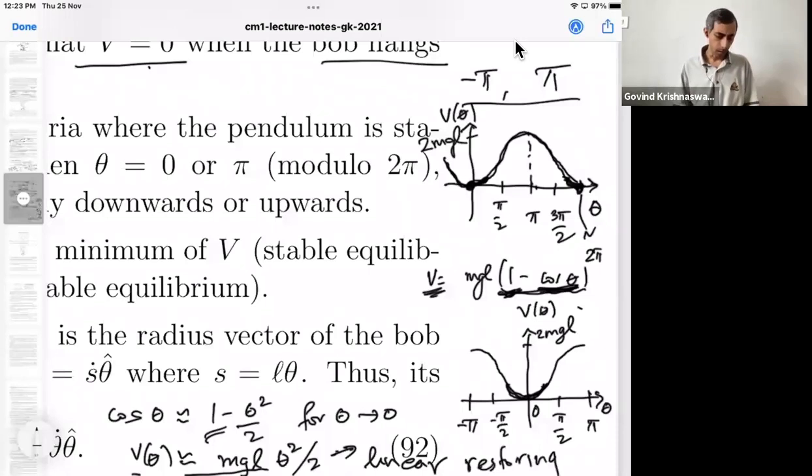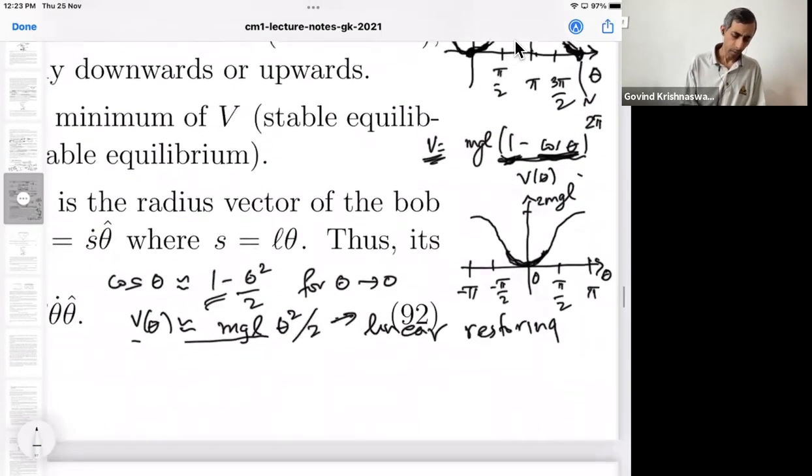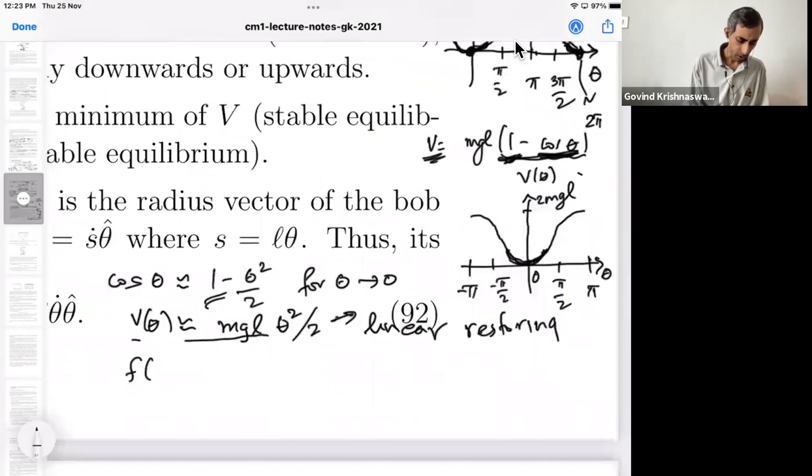because the force is given by the negative gradient of the potential, am I right? And therefore, the force as a function of theta would be given by mgl theta with a minus sign.